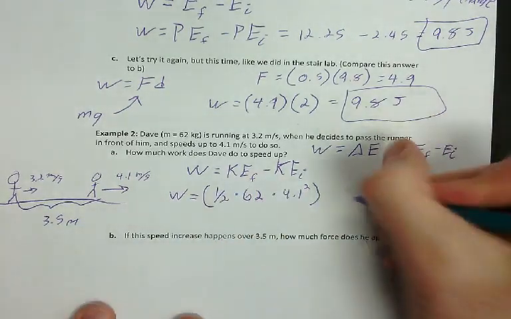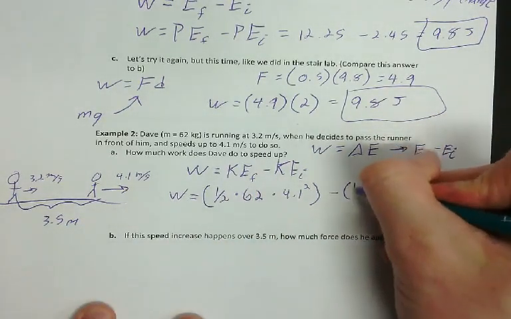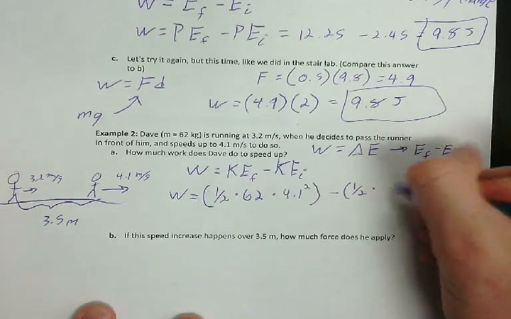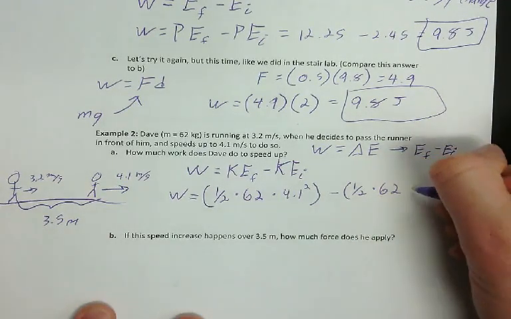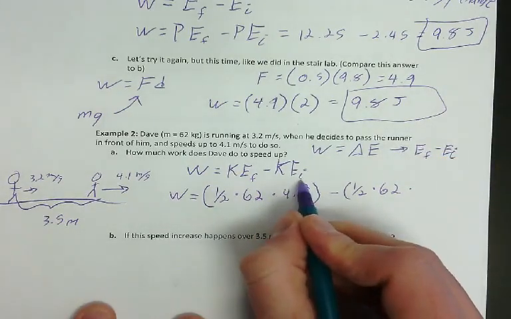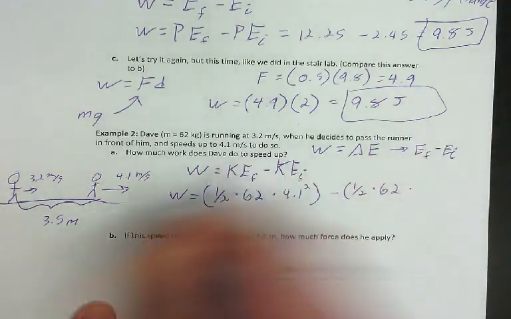Minus the initial, 1/2 times mass times the initial velocity at the beginning, which is 3.2.